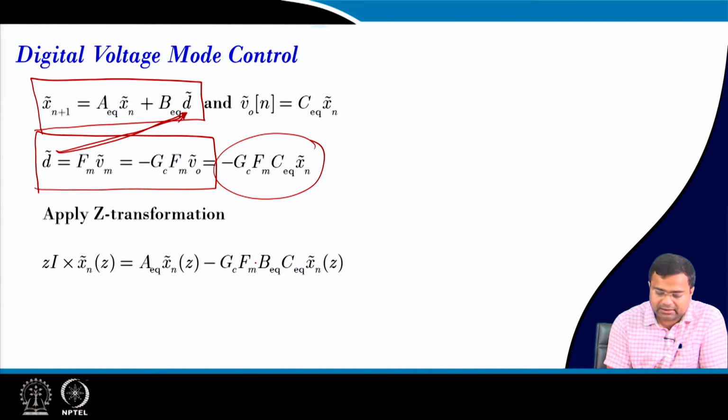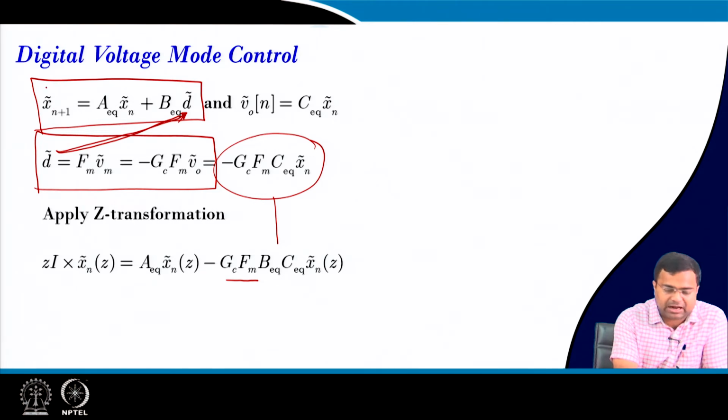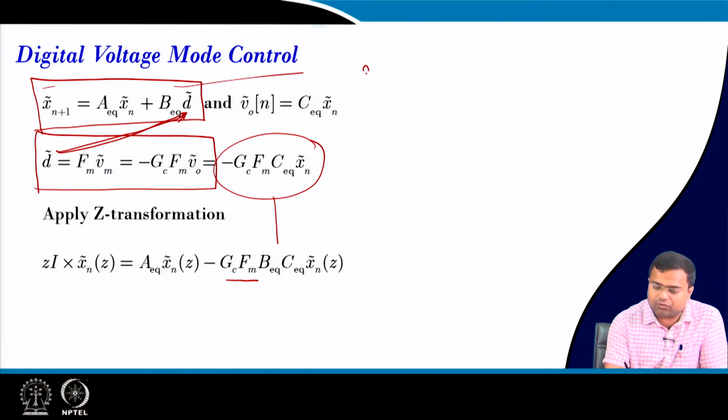So, here we have to substitute this D into this term, and all this expression will be substituted here. So, we will get Gc Fm B equivalent, and this term is actually coming here. That means, if we start with this expression, our original expression was x(n+1) is equal to A equivalent xn plus B equivalent dn.